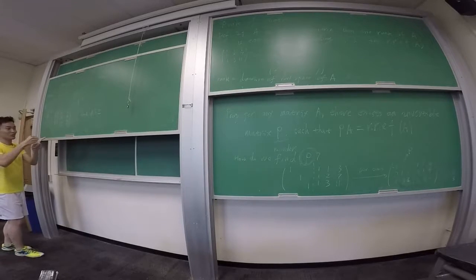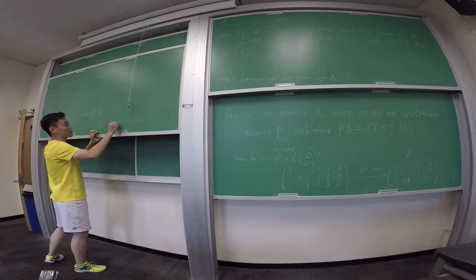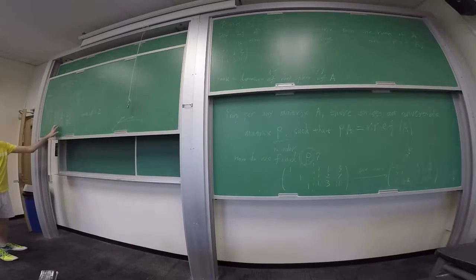You have 2 vectors, 1, 1, 1 and 1, 2, 3, right over here in your space. And as you can see, the last column vector should be a linear combination of those 2.